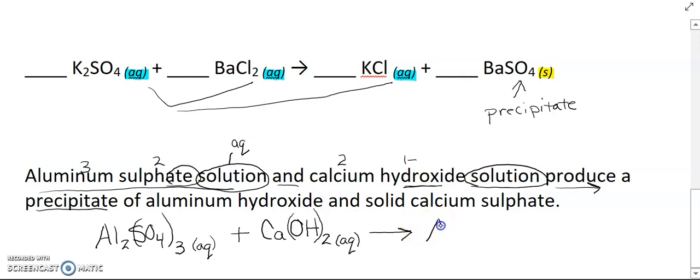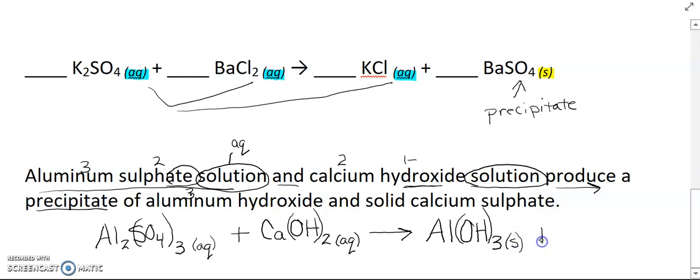So still ionic. Aluminum still has its 3+ charge. Now it is paired with the hydroxide, which is still a -1. So hydroxide still goes in parentheses, but this time it gets a 3 from aluminum. Now when this is a precipitate, it's going to get a symbol of an S as a little subscript.